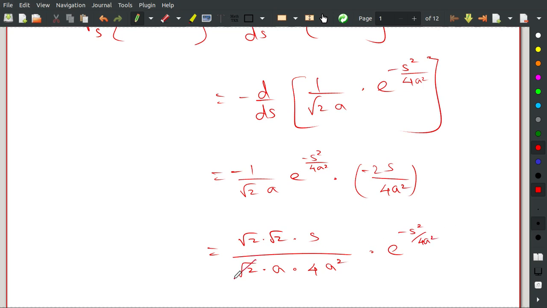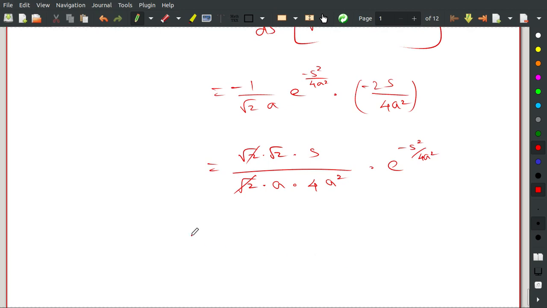Okay, and we can simplify this one, and we end up with s divided by 4a cube into e power minus s square divided by 4a square. Sorry, we have a root 2 here. Okay, so there is another root 2.